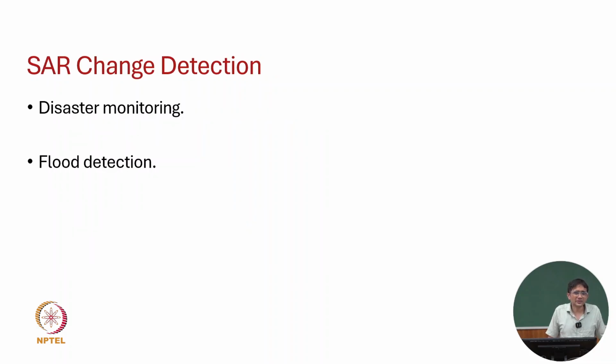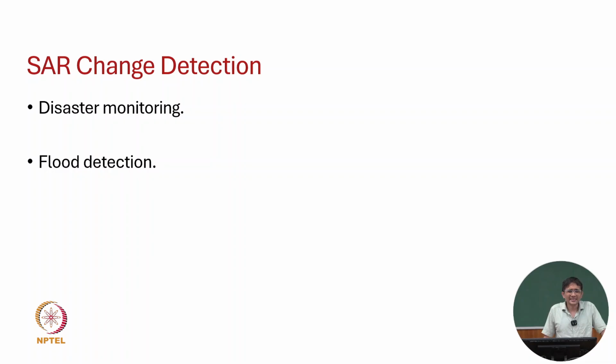SAR change detection, for disaster monitoring, is very useful. As I might have mentioned in the introductory lectures, let's think about an earthquake. Once the earthquake has happened, you cannot really wait for a good optical image.